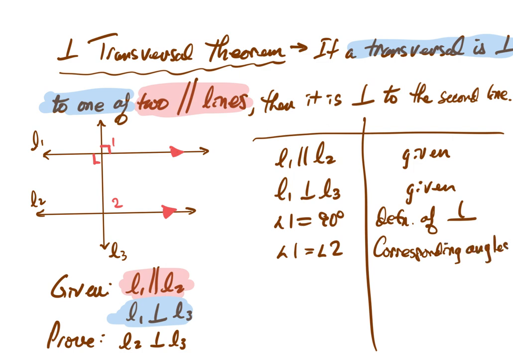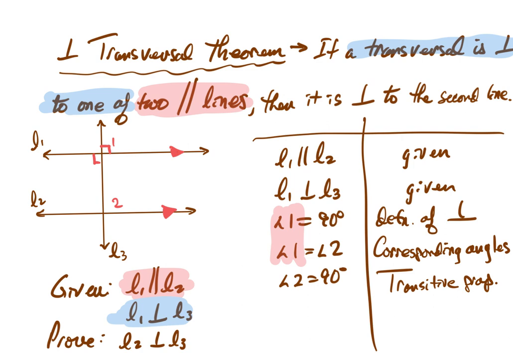Right? And since angle 1 is equal to 90 degrees and angle 1 is equal to angle 2, we have two things that are each equal to angle 1. Therefore, we can say that angle 2 is equal to 90 degrees. And that's called the transitive property. When two things are each equal to the same thing, they have to be equal to each other.